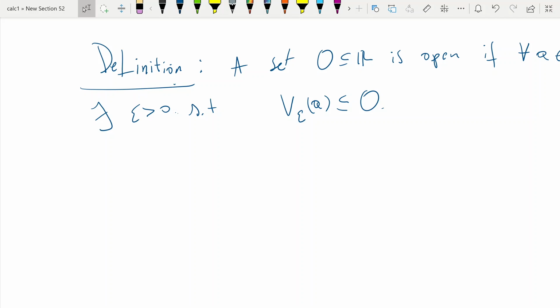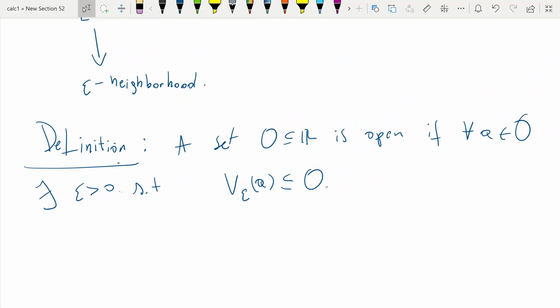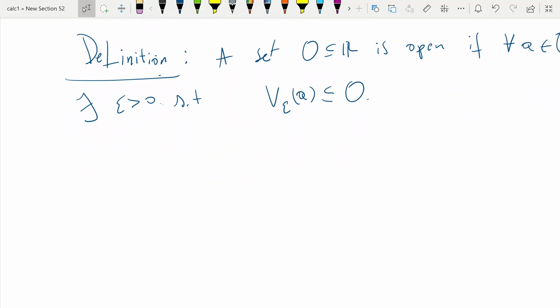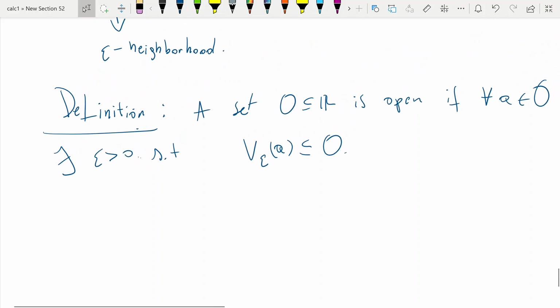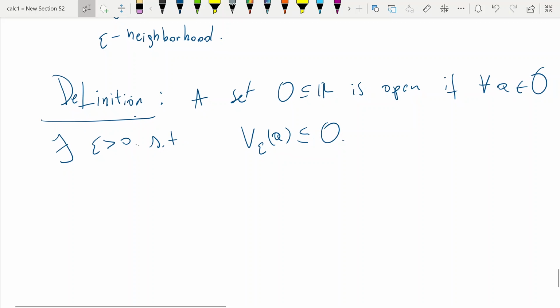You can choose that as the center of your epsilon neighborhood and then violate the condition for this definition to hold. So that's how epsilon neighborhoods play a role. Open sets are sets such that every point inside can be put inside an epsilon neighborhood that is completely contained within the set. So that's an open set.